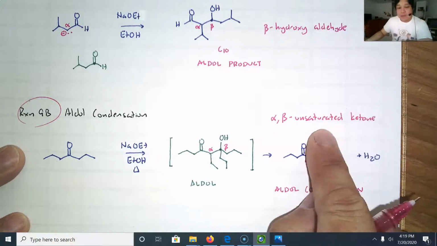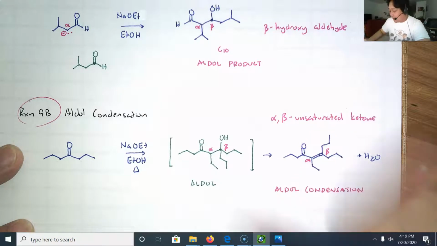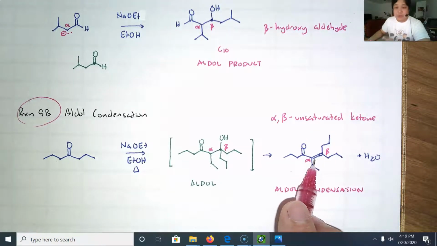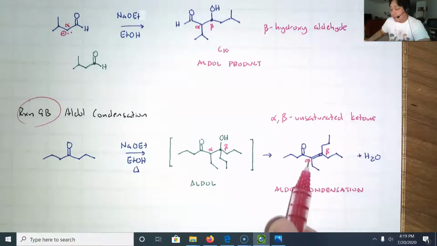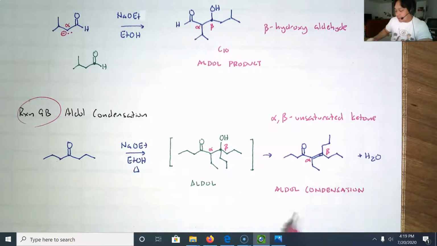Unsaturated means that you have a carbon-carbon double bond or a carbon-carbon triple bond, and that double bond right there causes this molecule to be called unsaturated between the alpha and the beta carbon. Why do they use the term saturated or unsaturated? Because, for instance, look at this carbon here, okay?